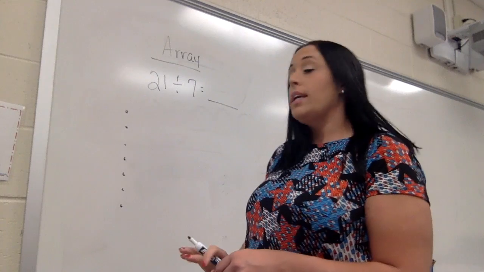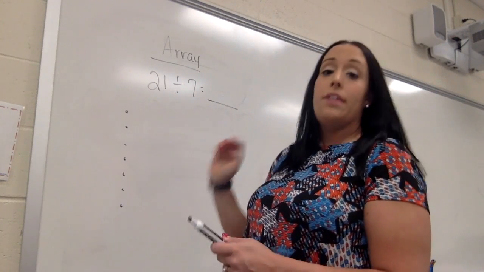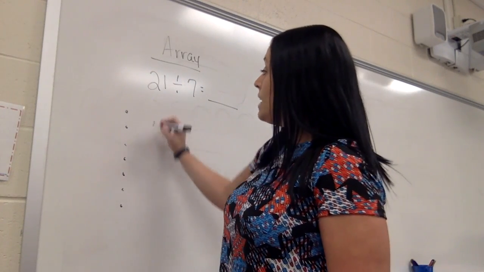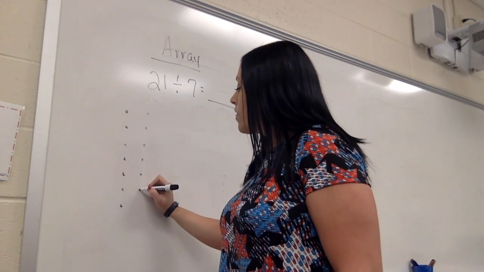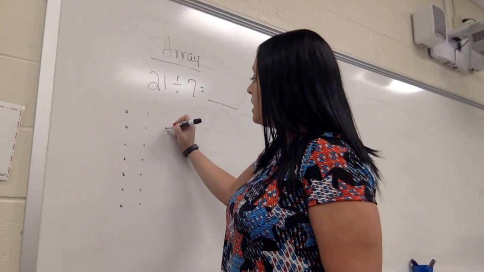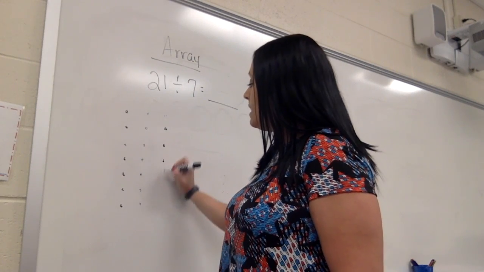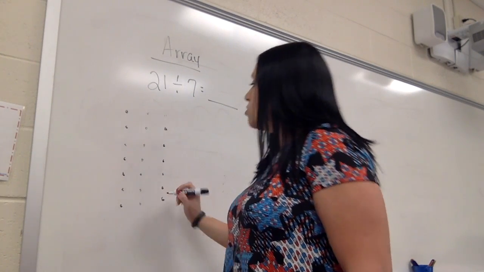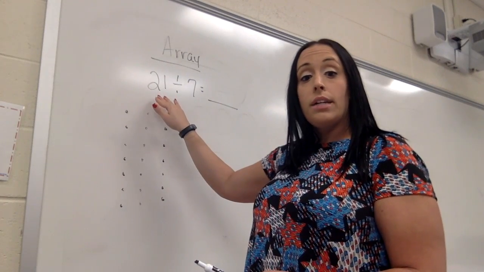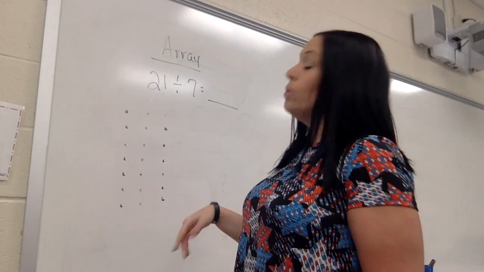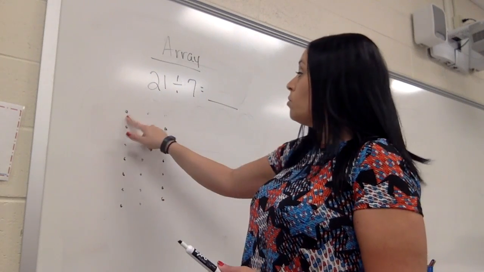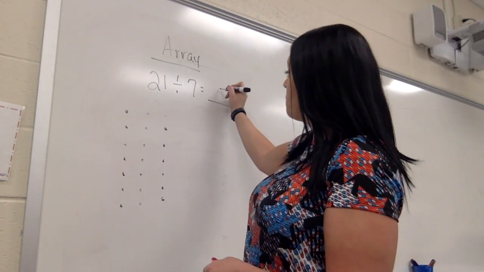Now I want to keep repeating that until I get to the number 21. So 7, 8, 9, up to 21. So I took my 21 counters and separated them into 7 rows. Now I'm going to count how many are in each row. 1, 2, 3.